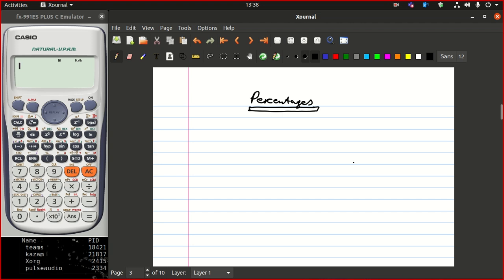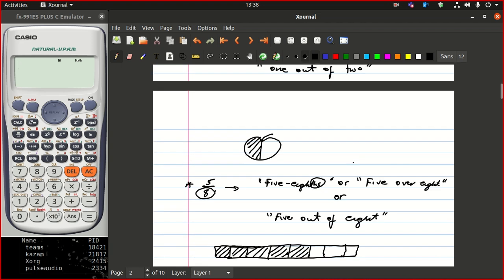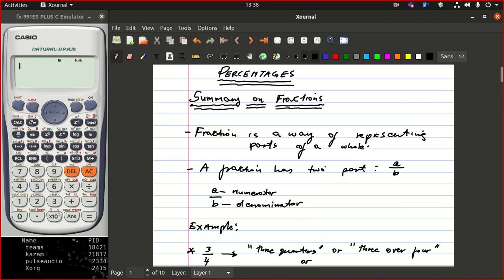Before I define percentages, if anyone has a question around these fractions, before we move forward, you can unmute yourself and ask the question. Any question?